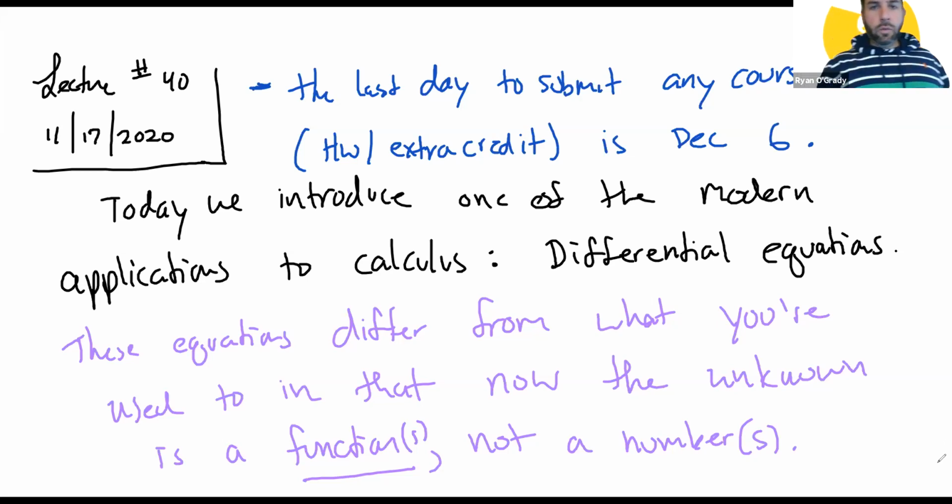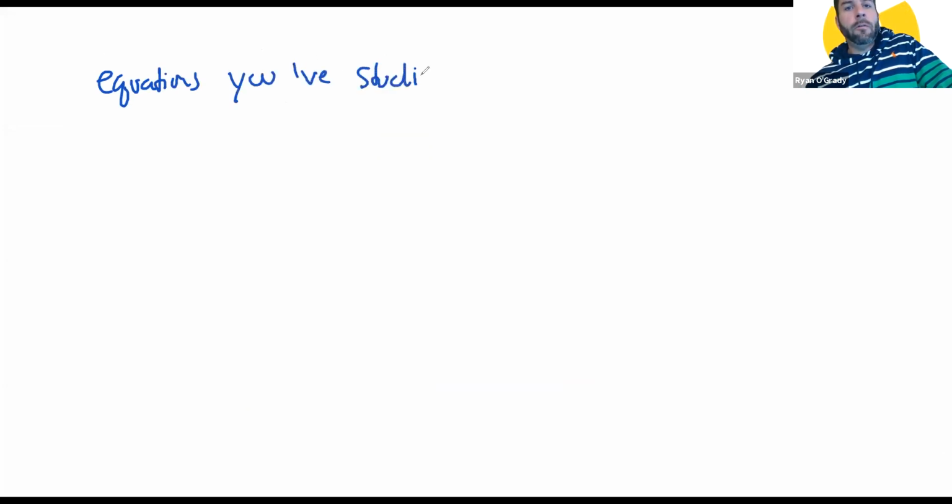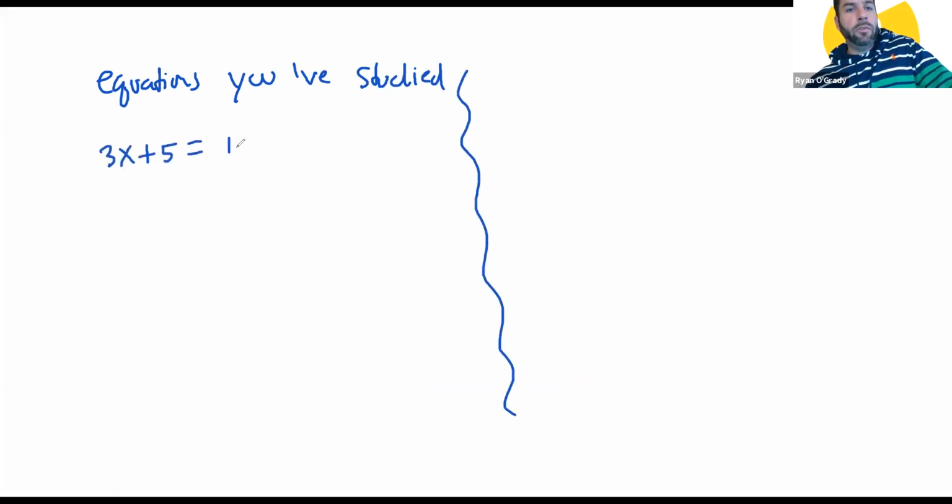So let me reiterate what we mean by what I just wrote on the previous page. Equations you've studied, let's put them over here. So you've studied things like 3x plus 5 equals 10, or 4x squared minus 3x plus 6 equals 16.